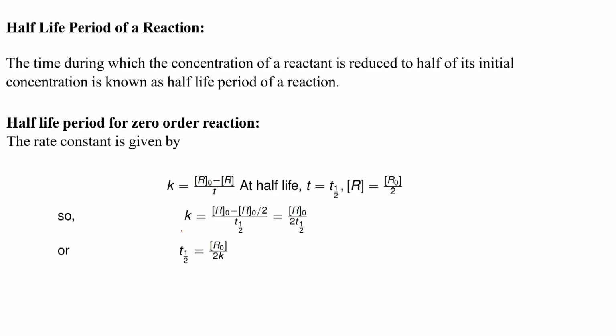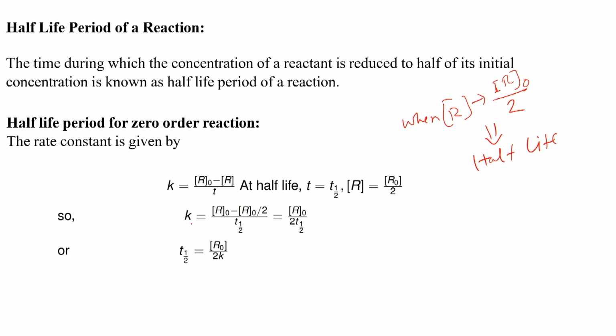So for the zeroth order reaction, when the concentration of r becomes r naught by 2, the initial concentration of reactant by 2, we get the half-life. So we will substitute concentration of r by r naught by 2.